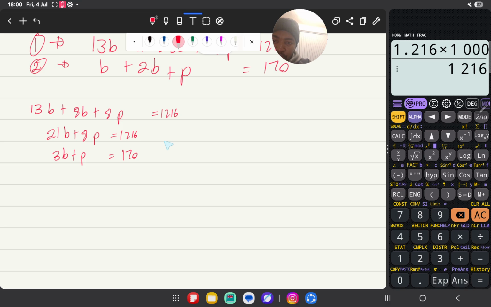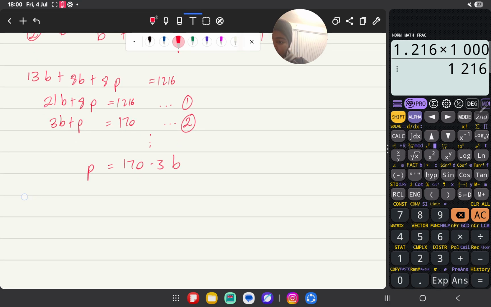Cool. So you have 1, you have 2, and then from 2 we get P equals 170 minus 3B. Therefore 21B plus 8 times 170 minus 3B equals 1216.